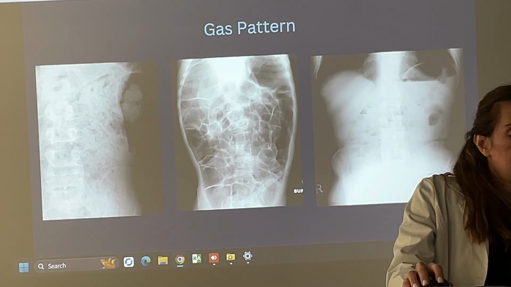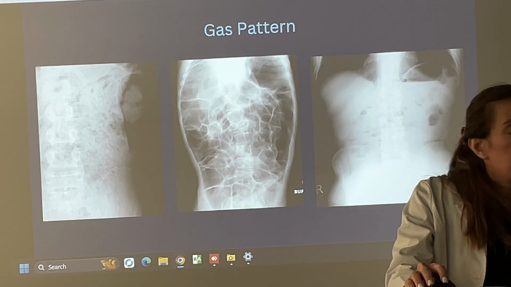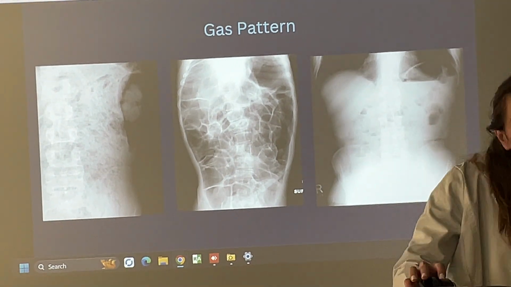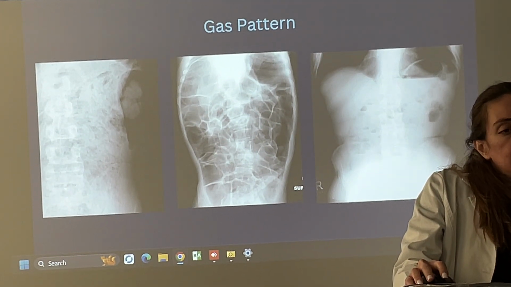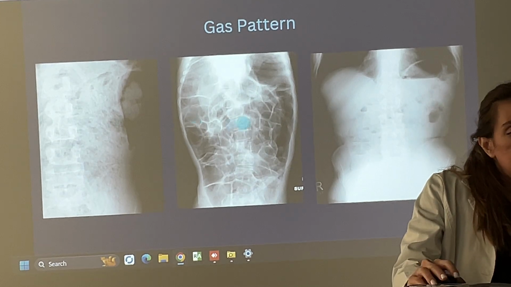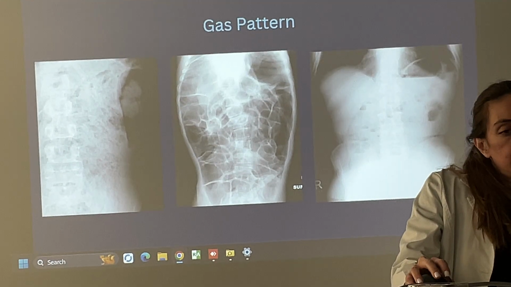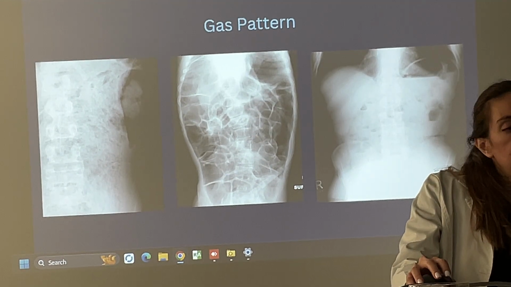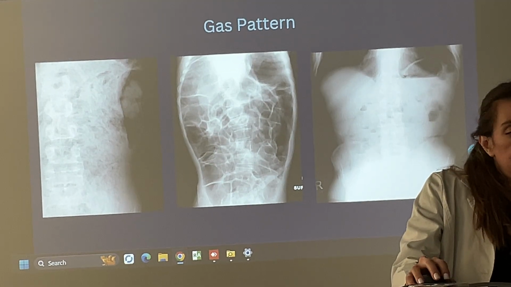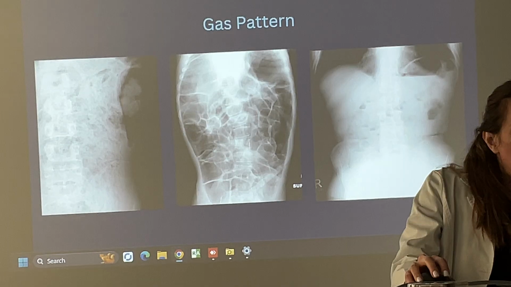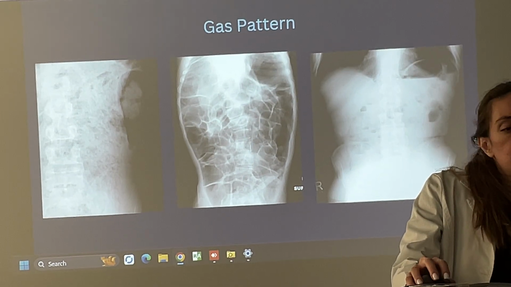Actually, that is just stool. So stool is recognizable by the multiple small bubbles present within a semi-solid appearing mass, as you can see in this first case. So recognizing the appearance of stool will help in localizing the large bowel. And individuals who swallow large quantities of air may develop aerophagia, which is characterized by numerous polygon-shaped air-containing loops of bowel, none of which are dilated.